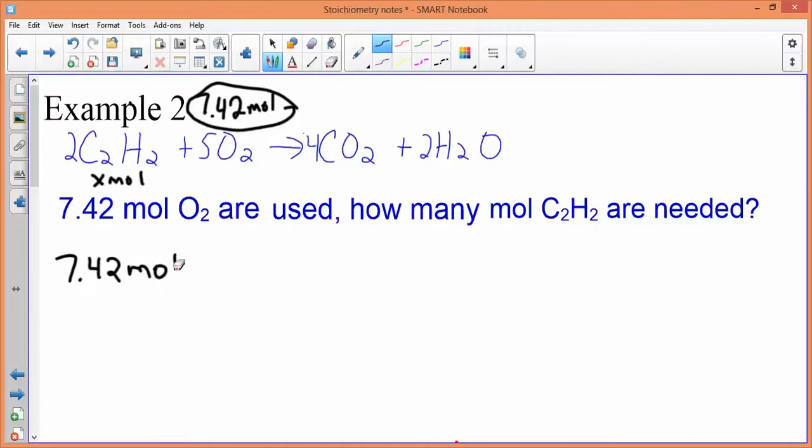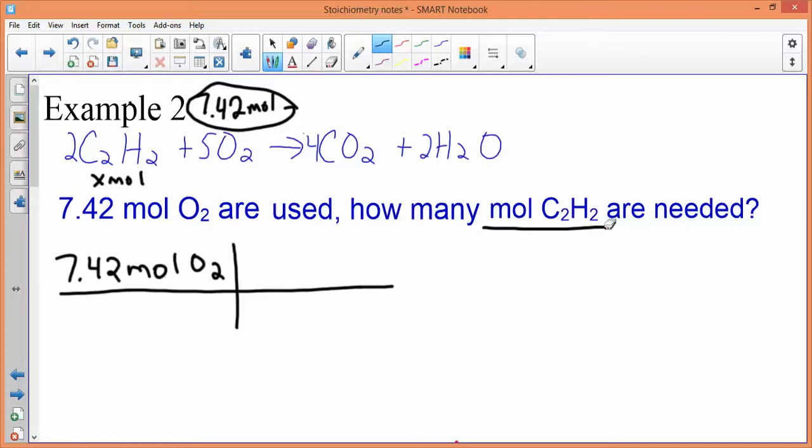Moles of O2. Now I need to do a mole ratio between what's asked for, which is moles C2H2. That will go on top, and moles of oxygen will go on bottom so that it cancels. These numbers come from the coefficients. C2H2 has a 2 in front of it, so 2 moles of C2H2 react with 5 moles of O2, so it's a 2 to 5 ratio.